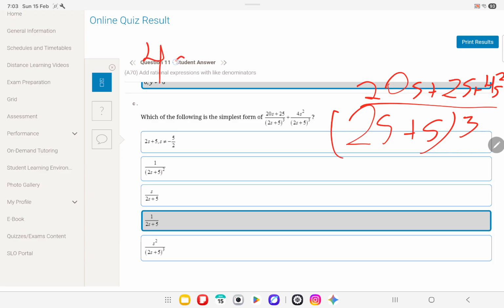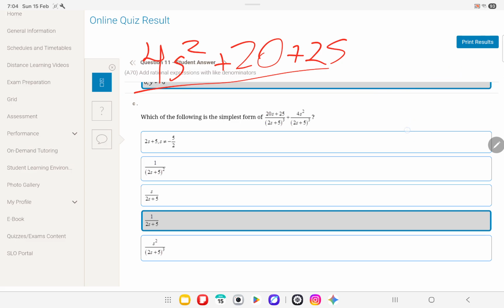So it'll be 4s squared, then we have s to the power of 1. So it'll be 4s squared plus 20s plus 25 over 2s plus 5, all cubed. What I just did is I put them together and rearranged it so it's easier for us to see, right?